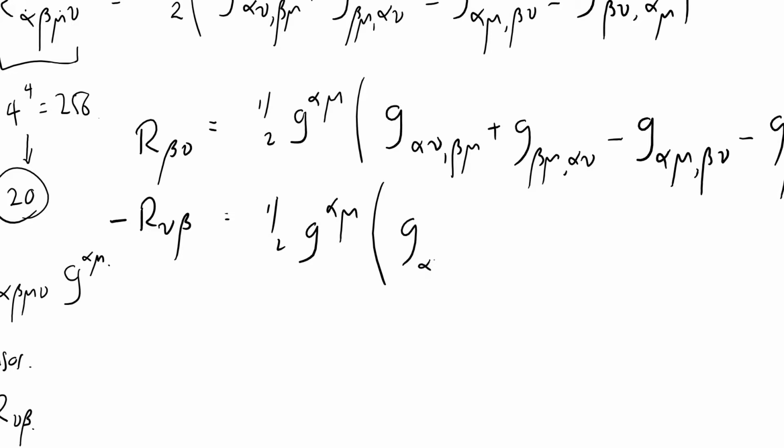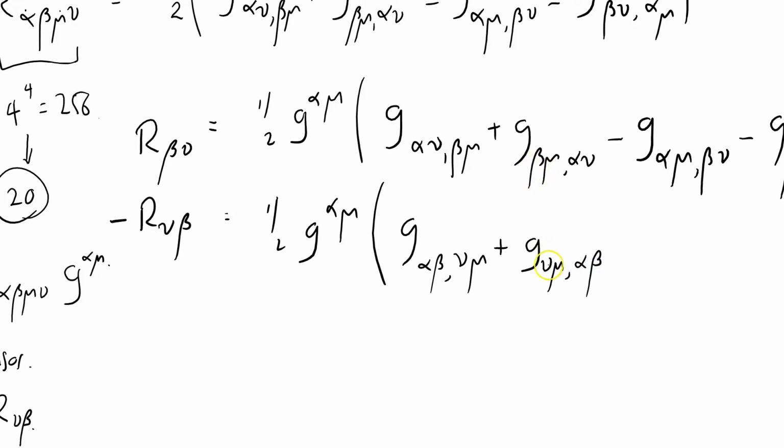What was called beta is now called nu. What was called nu is now called beta. That nu turns to a beta. g alpha nu mu plus g beta and nu, so that's nu mu comma alpha beta. Is that right?